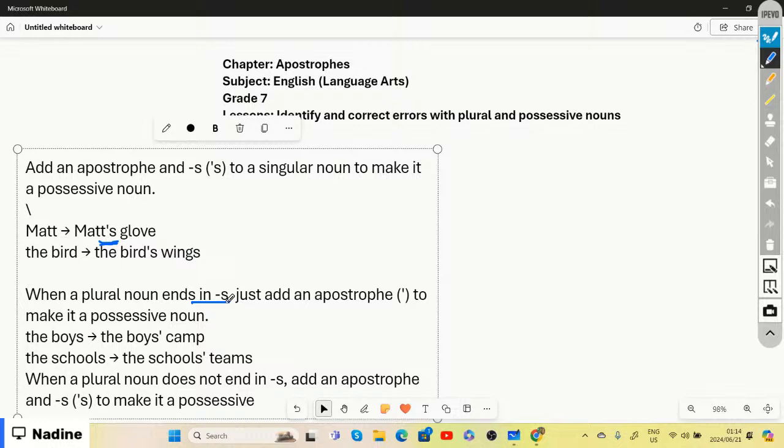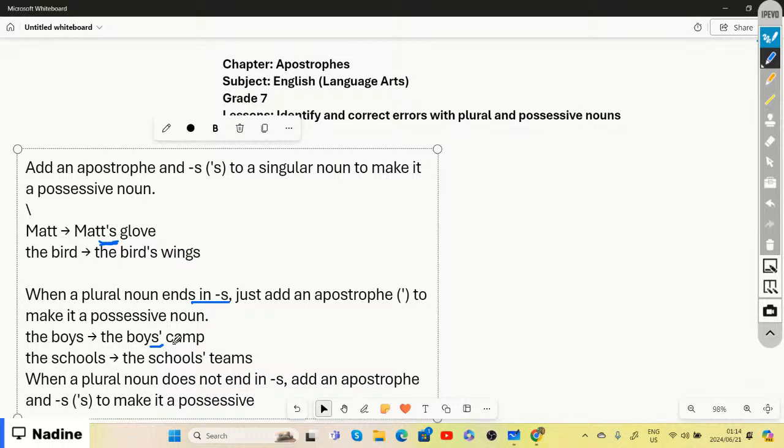And did you see where we add the apostrophe? We add the apostrophe behind those words. So you have your full word, boys, for example, and then we will add an apostrophe only after that word.